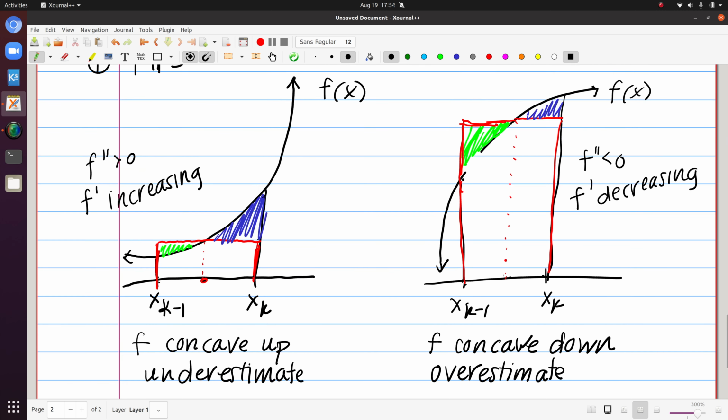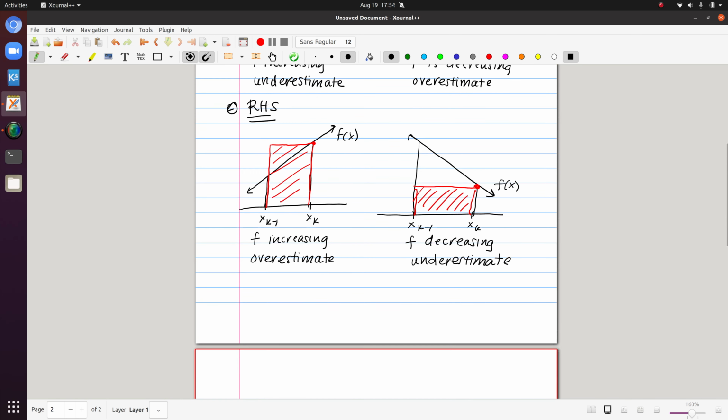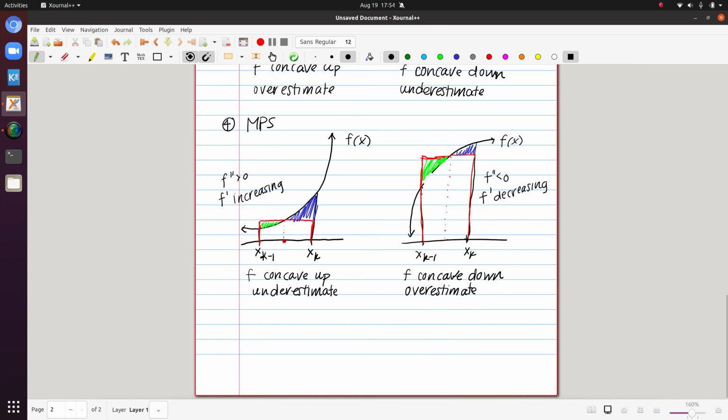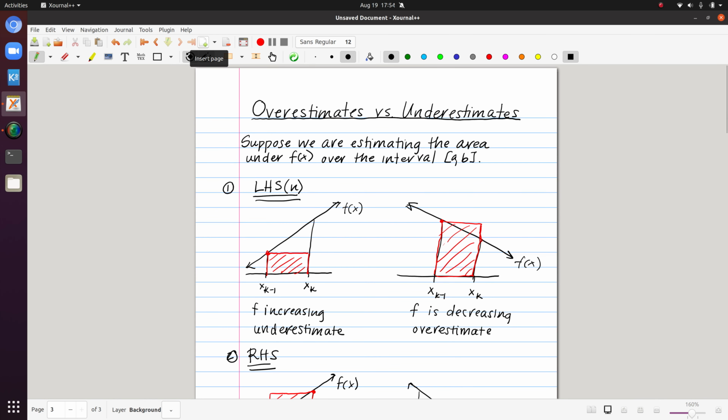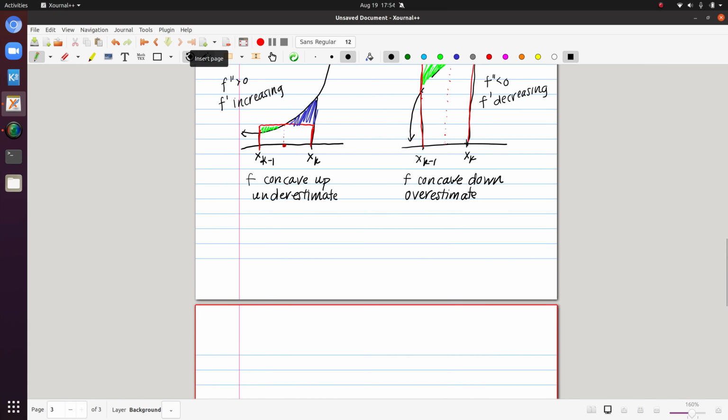Okay, so now, taking a step back, we've looked through and determined what characteristics of f lead to either an over or an underestimate in these named situations. What I do want to make sure to point out is that when I'm writing this, I'm assuming that those characteristics are true for the entire interval.